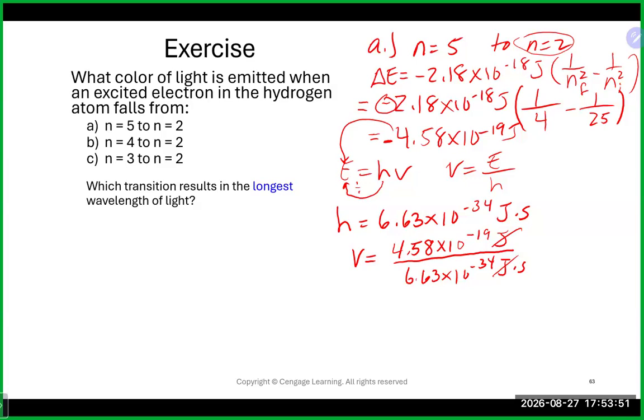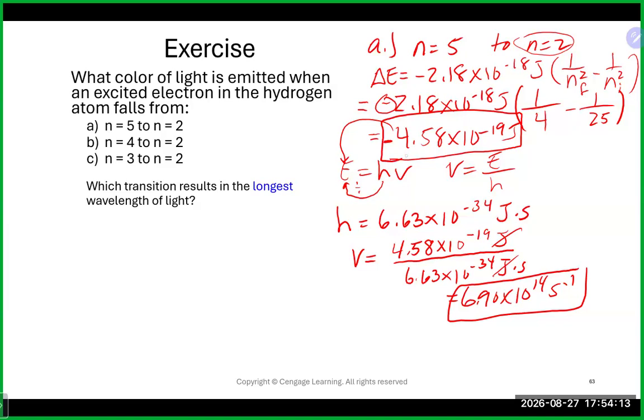Dividing the energy by that number gives us a frequency of 6.90 times 10 to the 14 reciprocal seconds, which is also hertz. So we have our energy and we have our frequency, and now we can calculate what it was looking for, and we could also have gotten the wavelength by using this equation as well.